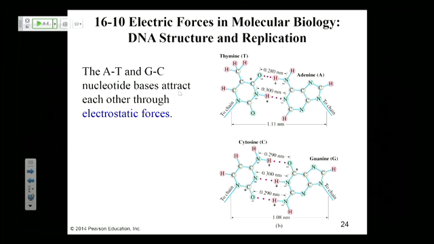So each molecule is a field. You may simplify this field into a dipole at the end, and these dipoles interact with each other and give the DNA its structure, which is a double helix.